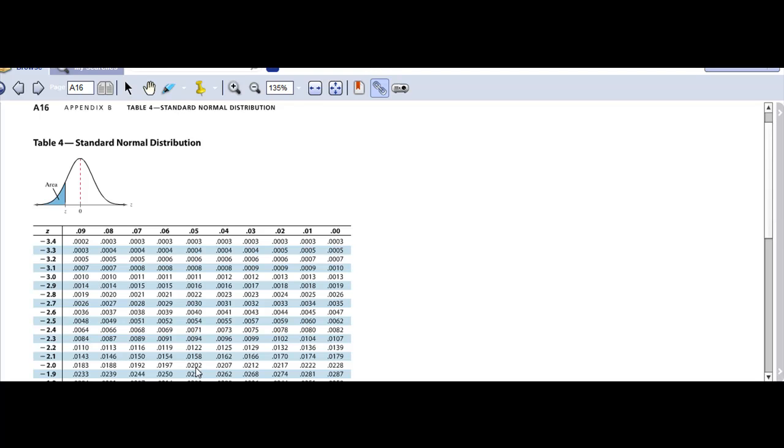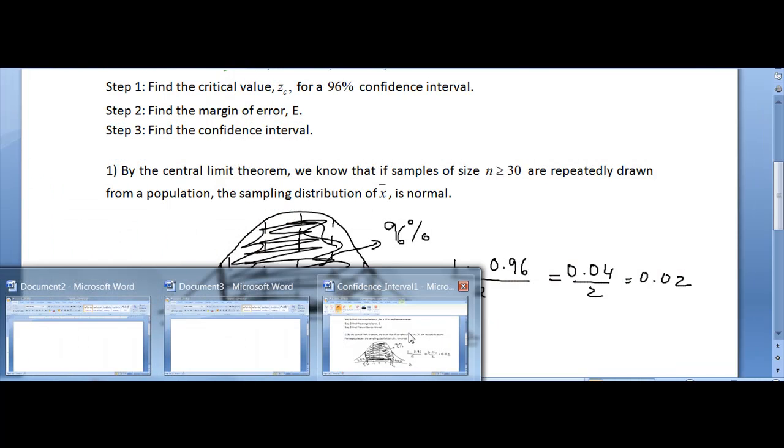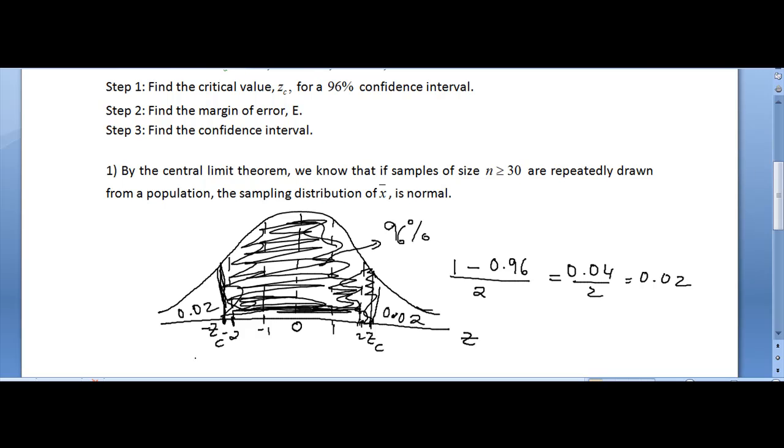So correct to 2 decimal places, our ZC value will be minus 2.05. So we can note that down in our graph. So minus ZC is minus 2.05, and so plus ZC is 2.05. So that is the first step in this problem.